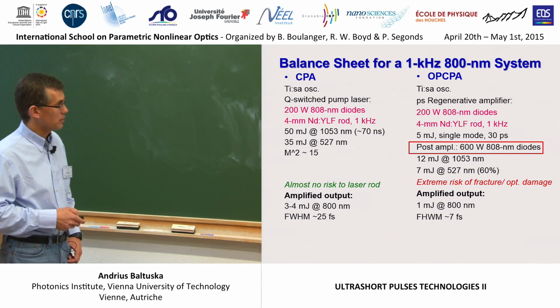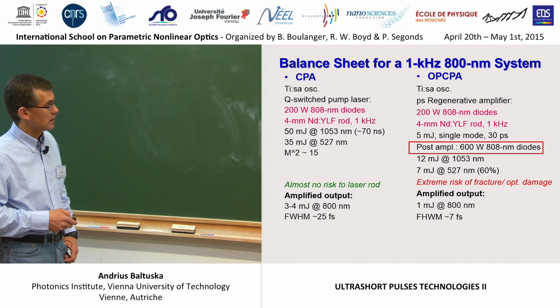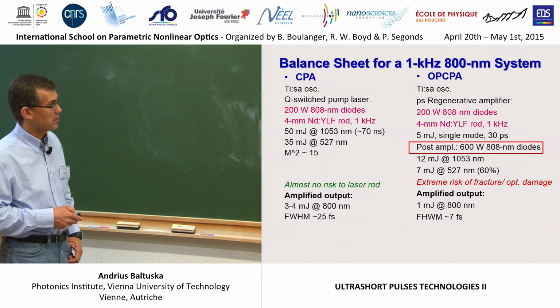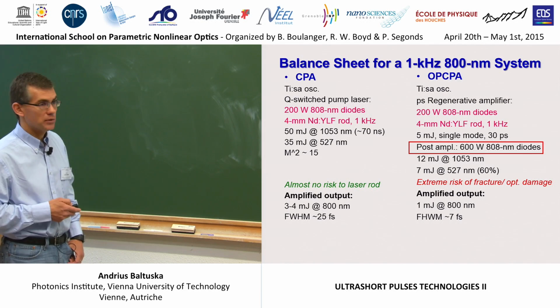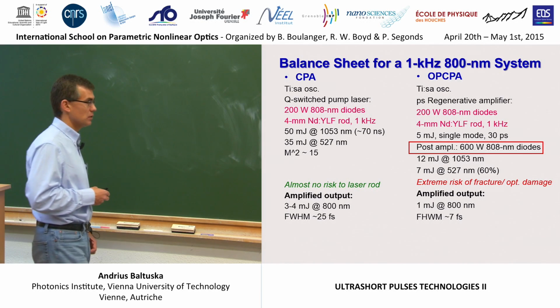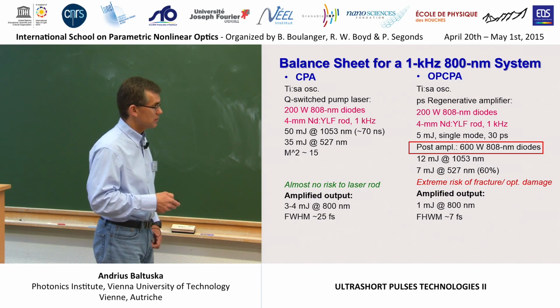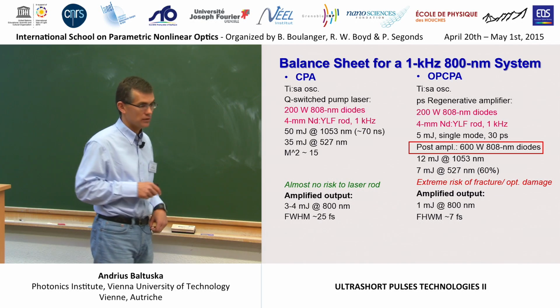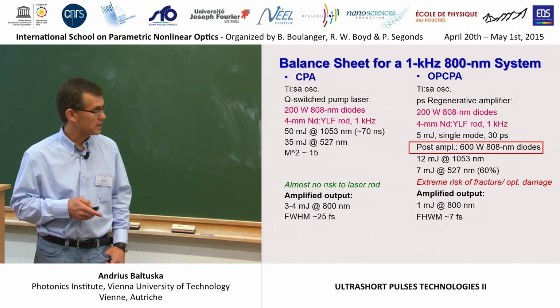But there's more. Unfortunately, you require a much heavier pump in order to get appropriate gain. And you will be stressing your laser material so hard that you will be always walking on the edge of thermal fracture of the crystal.